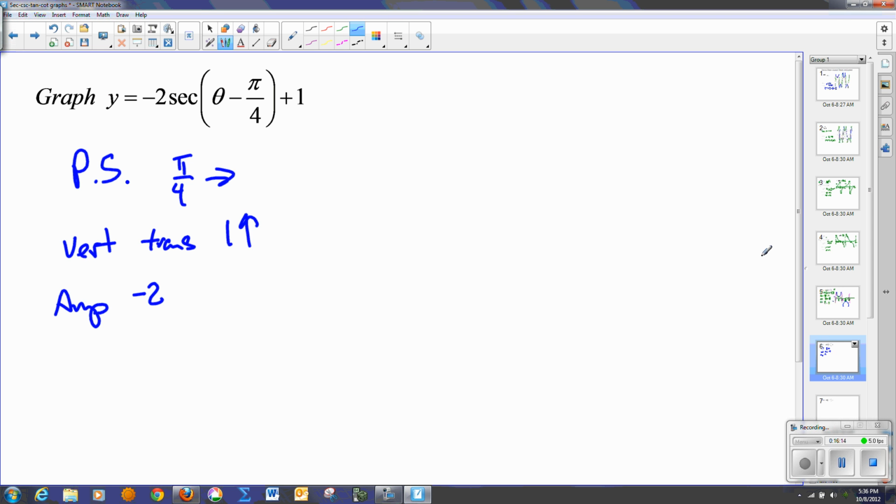So let's take again and think about, well, what are my intervals? My intervals are my period. The period in this case is 2 pi because the k value is 1 over 4.